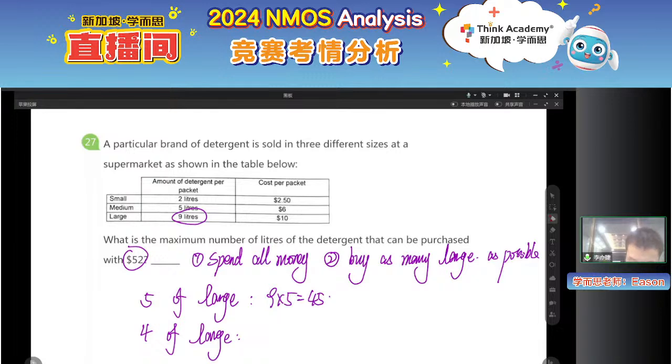So we can spend it for 2 medium. So it's 9 times 4 and 2 times 5, which is 46. So obviously 46 is larger than 45, so this is better. And we don't need to consider the rest, because this is the way that we spend all the money and then we buy as many large as possible. This satisfies all the conditions, so this is always the best. So the answer is 46.